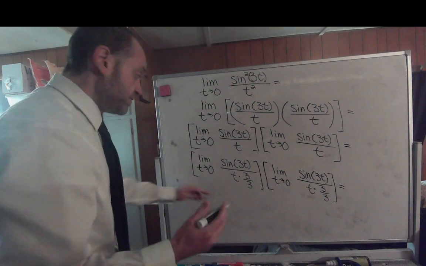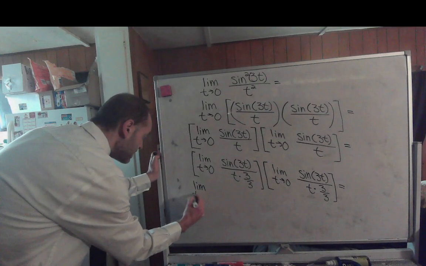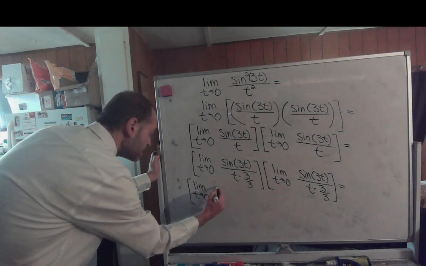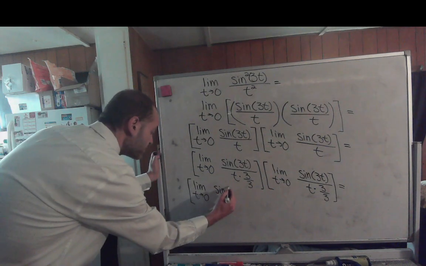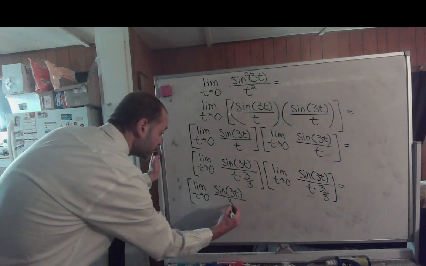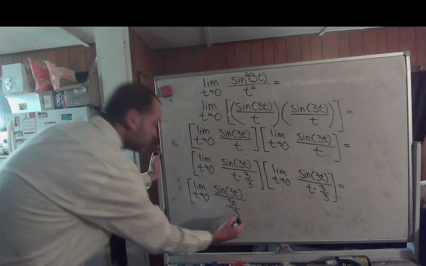Well, let's simplify. You get the limit as t approaches 0 of sine of 3t all over 3t all over 3.